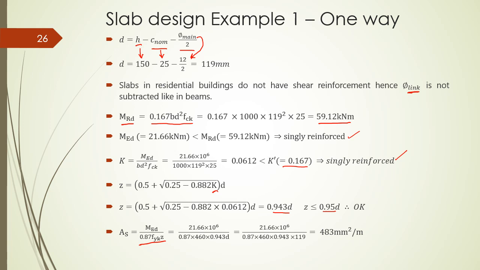Computing the area of steel results in 483 millimeters squared per meter. A key reminder here is that 21.66 kilonewton meter is converted back to Newton millimeter, and it will be 21.66 times 10 to power 6 Newton millimeter. Hence this times 10 to power 6.